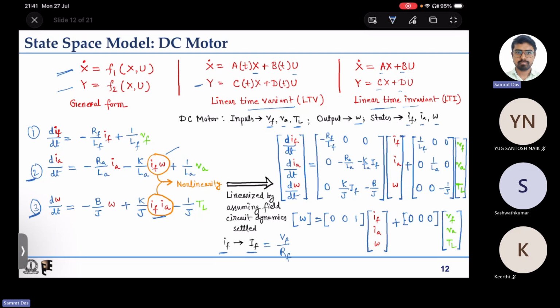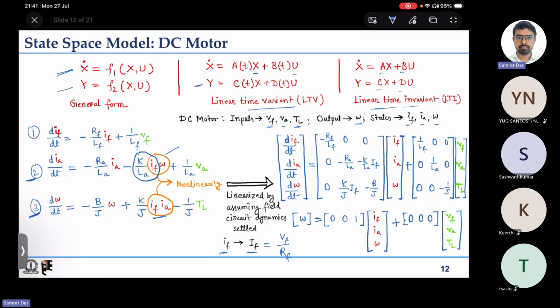Then this whole thing, k into if divided by La, can be considered as a constant, and it no longer remains a nonlinear equation. Similarly, for this case also, k into if divided by j can be considered as a constant, and the nonlinearity due to the multiplication of two states can be avoided.